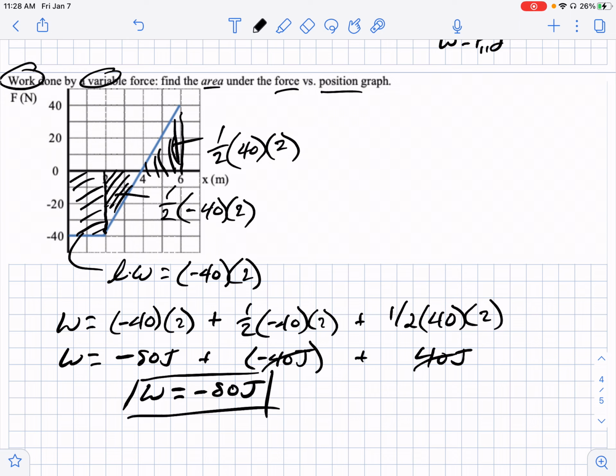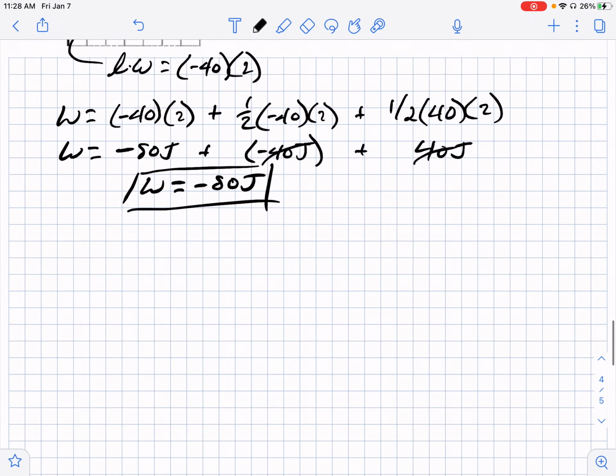So again, whenever we have a variable force, we're going to be given this force position graph, and we just find the area underneath the curve. So to sum up, there's two examples when there is a force on the object, but there's no work being done.